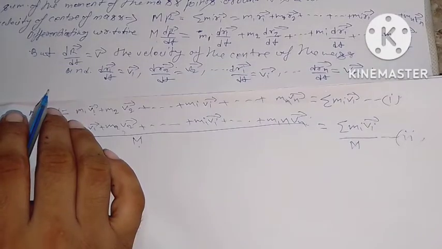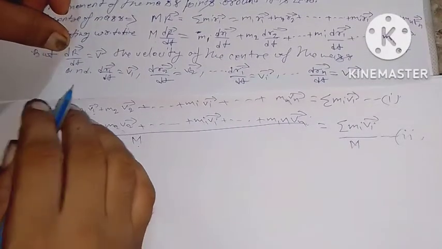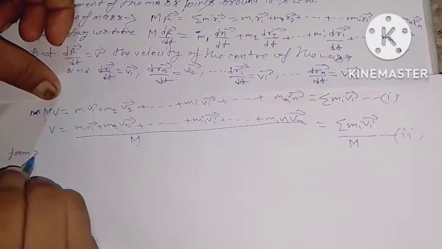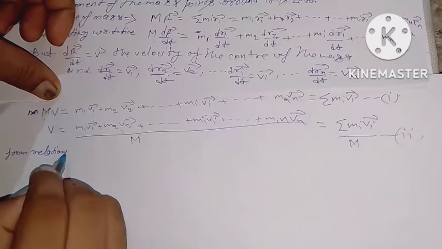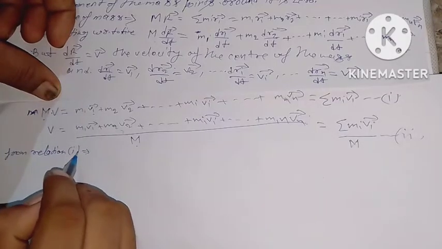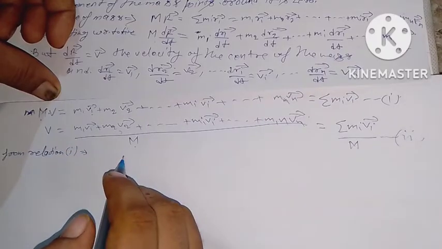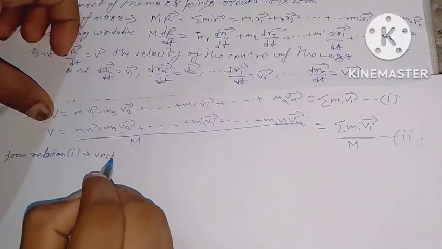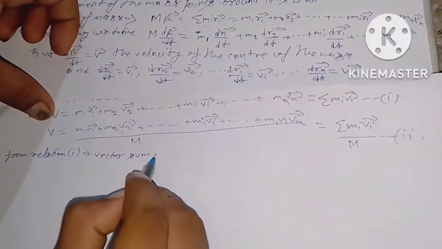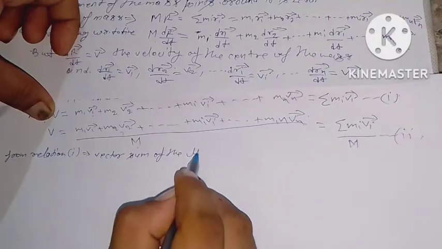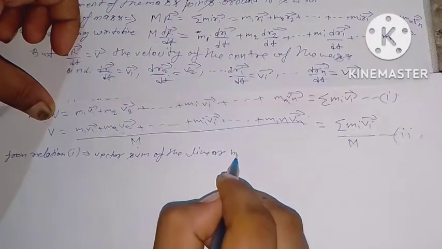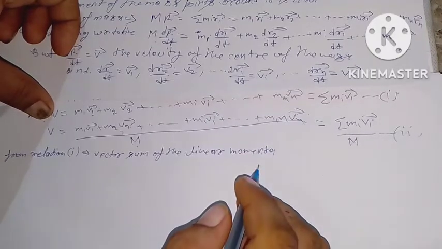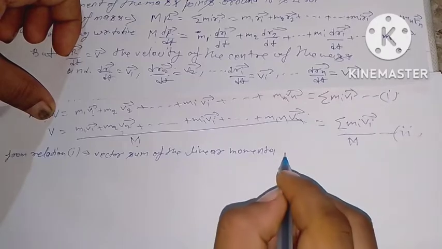From relation first, we also find the vector sum of the linear momenta of the individual particles.